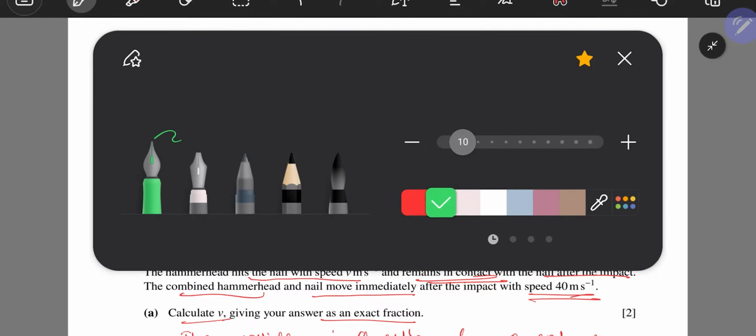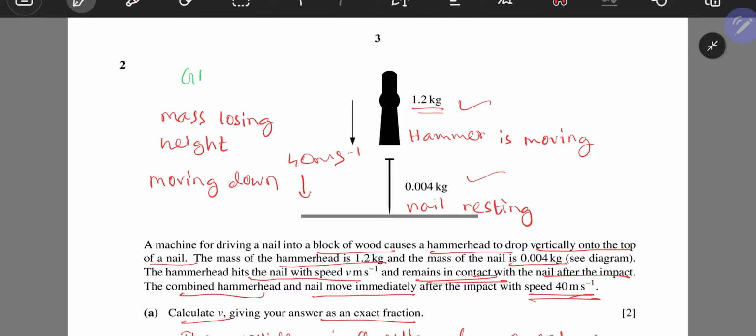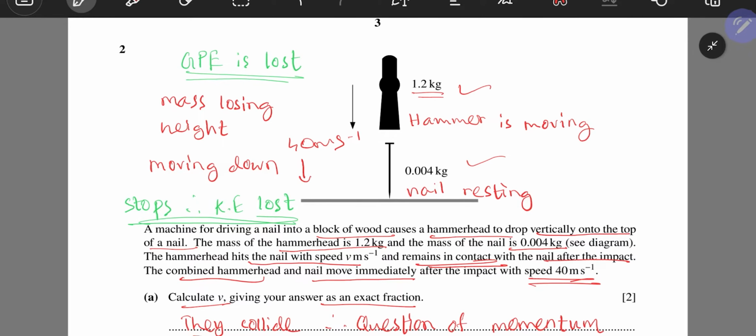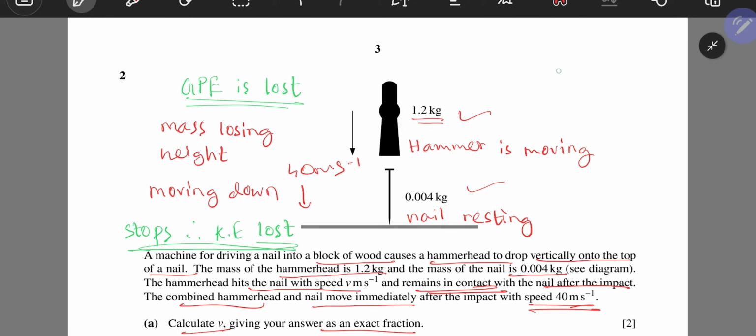And we know that when a mass moves downwards, GPE is lost. But we also need to understand that when it's moving downwards, it loses its speed, since when it stops, its speed is 0. Therefore, KE is lost. So both GPE and KE are lost. In that case, all the work is being done against the resistive force.